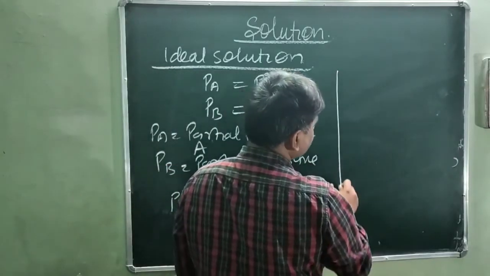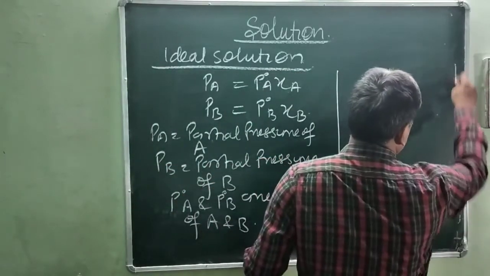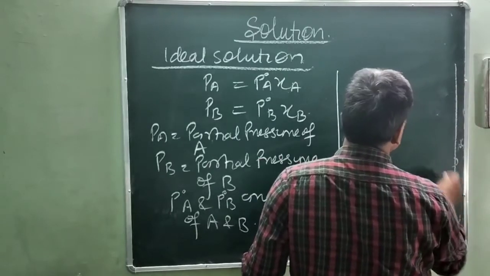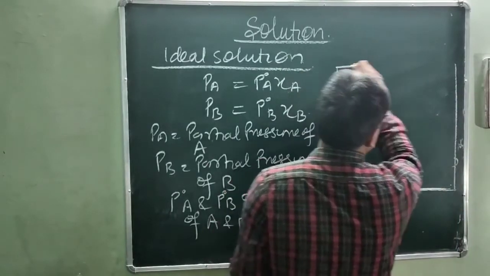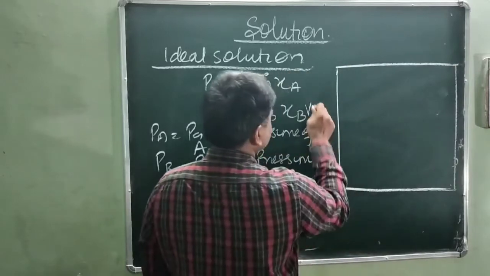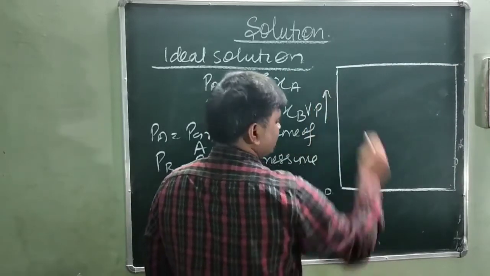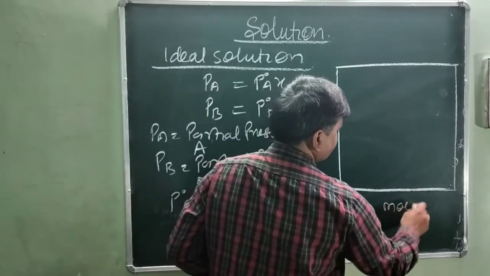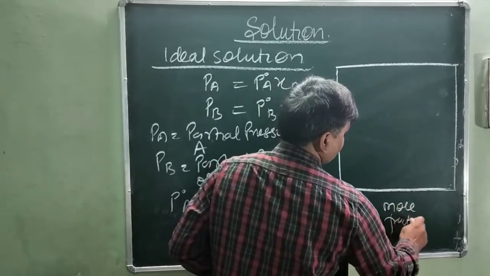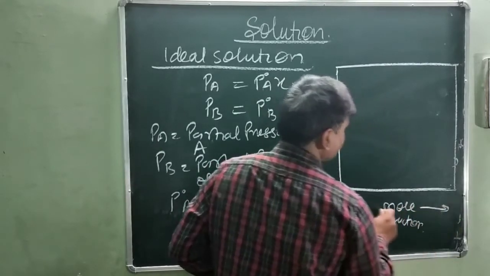Just like we are taking here a graph between the mole fractions and the vapor pressures. This is the vapor pressure and this is the mole fraction, increasing and decreasing on both sides this way.